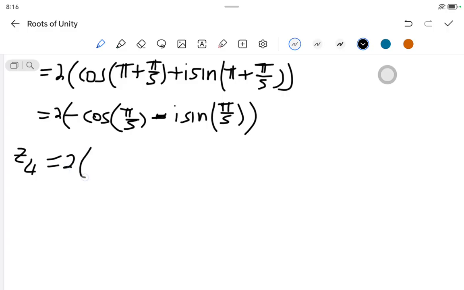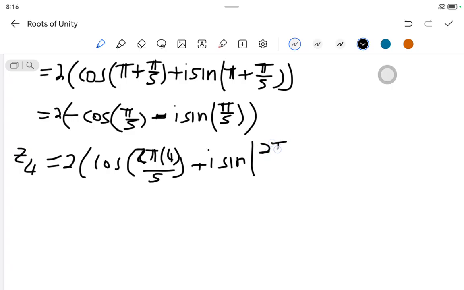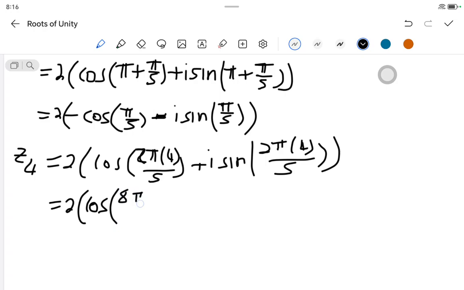We have Z4, which is equal to 2 cos of 2 pi 4 over 5 plus I sine of 2 pi 4 over 5, which will be equal to 2 cos of 8 pi over 5 plus I sine of 8 pi over 5.